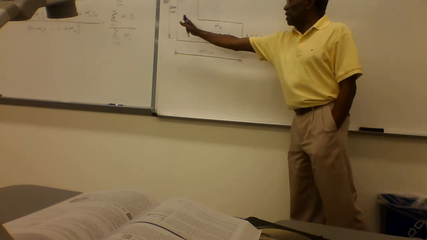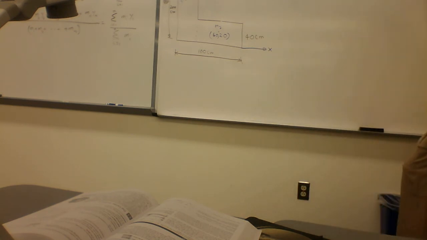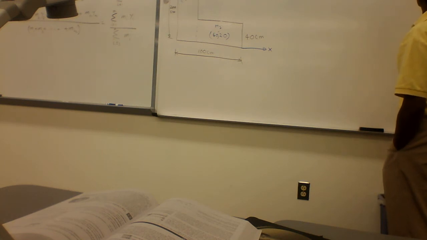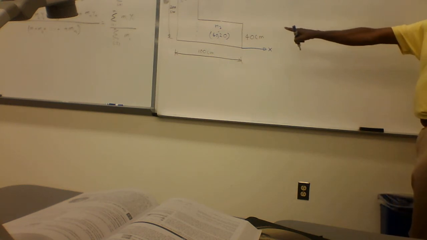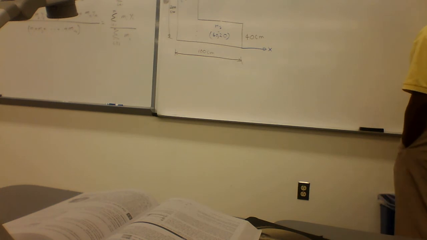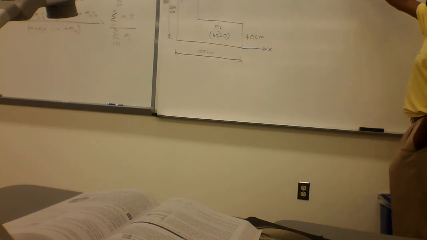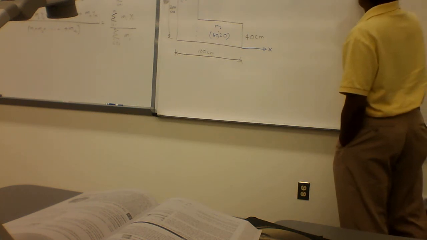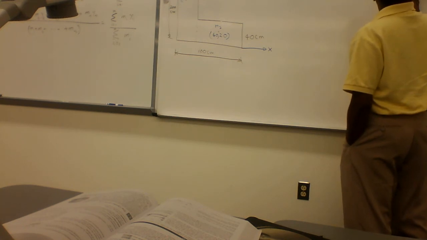Center of gravity is the distance from the x-axis and distance from the y-axis. Okay? So in this one, it's going to be what? 80 times 4. This is A2 times, what's my x2? x2 is 60. I already marked those. Divided by the total mass. All I have to do is add the A1 and A2 here, right? Which is what? 20 times 200 plus 80 times 4.